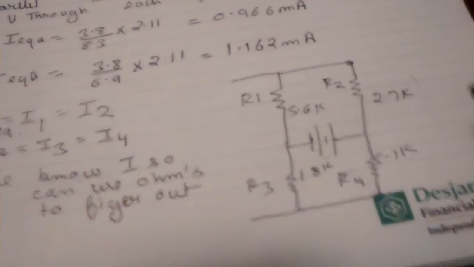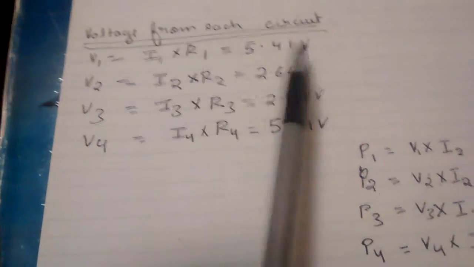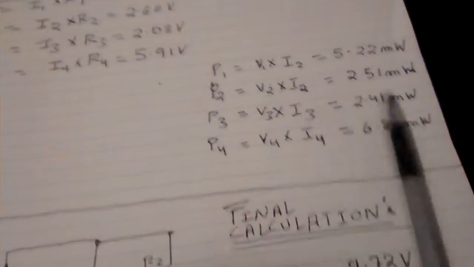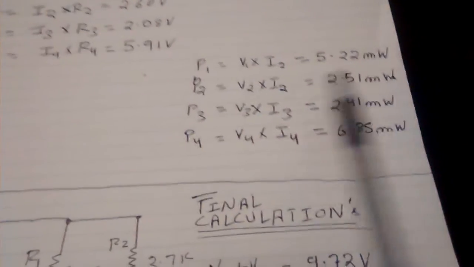Here we go, we find the current, and just applying Ohm's law, we get the voltages for each resistor by I1 times R1, I2 times R2, I3 times R3, and we did the same for the power. Here we go, we have the values for power and values for V.